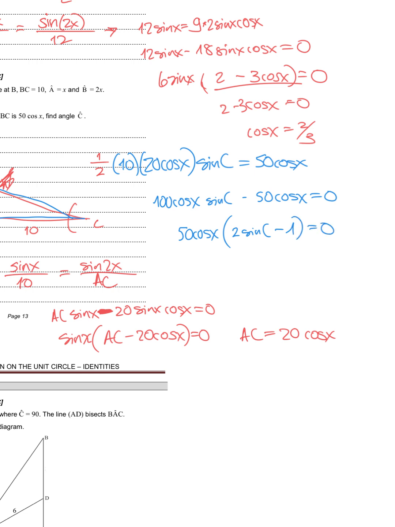So 2 sine C minus 1 is 0, so sine C is 1/2. So we want the right of our finger down to be 1, which happens here. So C is 30 degrees.